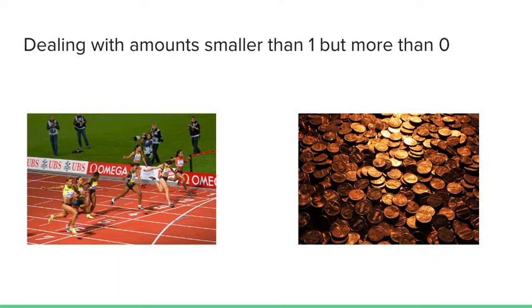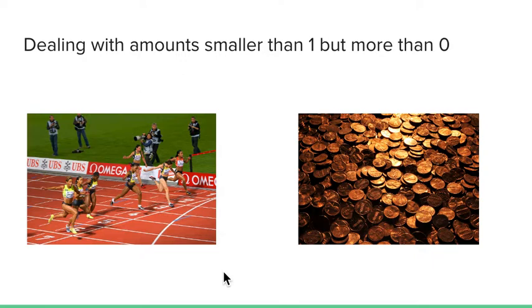And I'll give you a few real world examples of when we use these types of numbers. If you've ever watched the Olympics, and specifically sprinting, like 100 meters, for example, they're dealing with seconds, but the difference between the first, second, and third place runner is never more than a second.